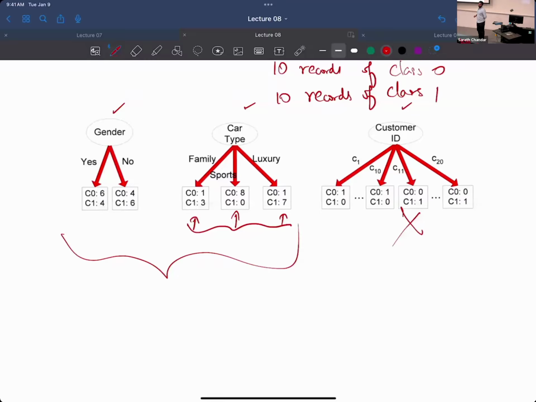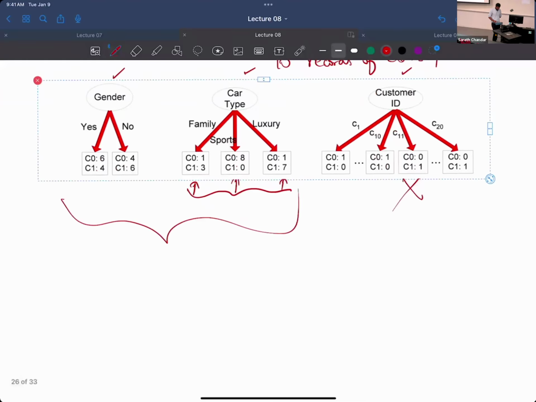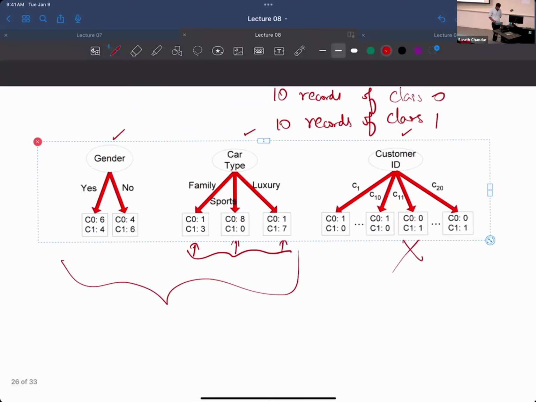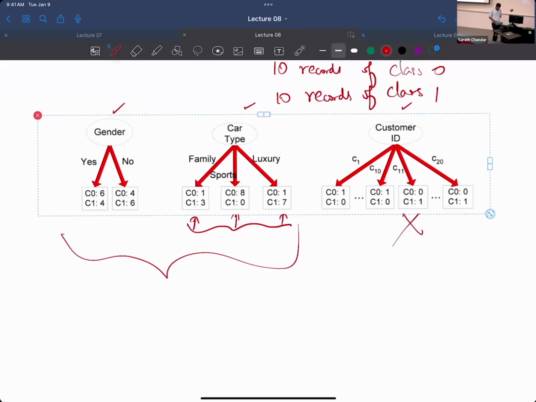The other one is 75% class 1, right? So this is probably the best feature to split.